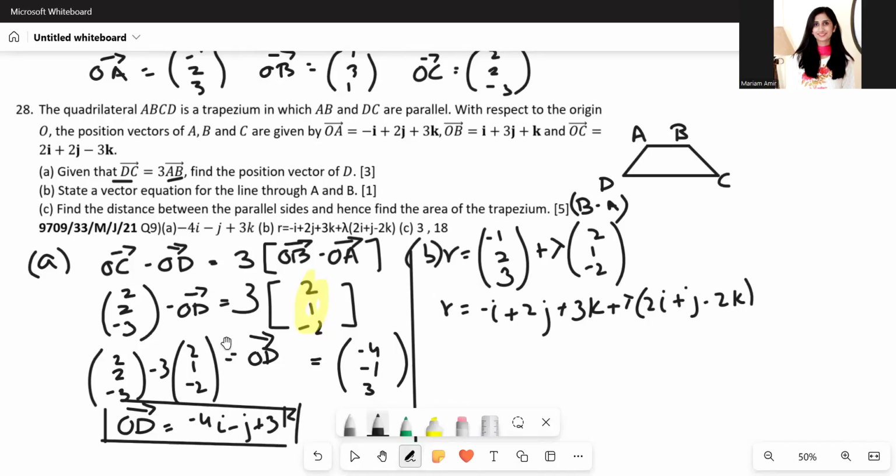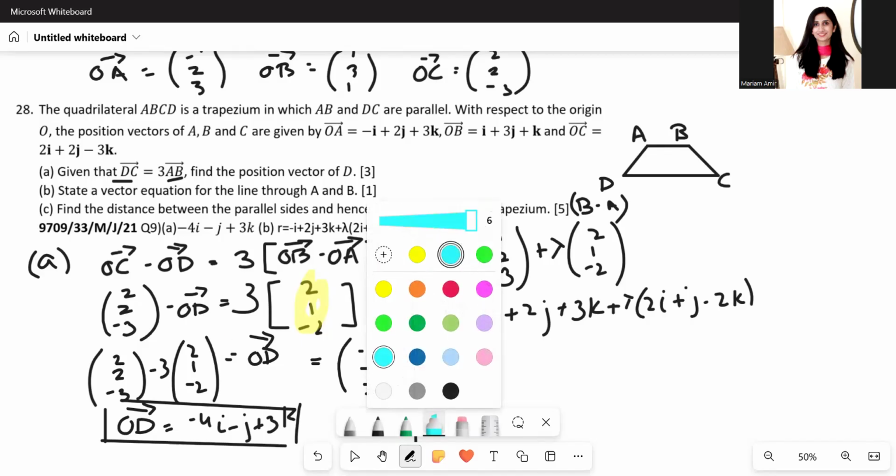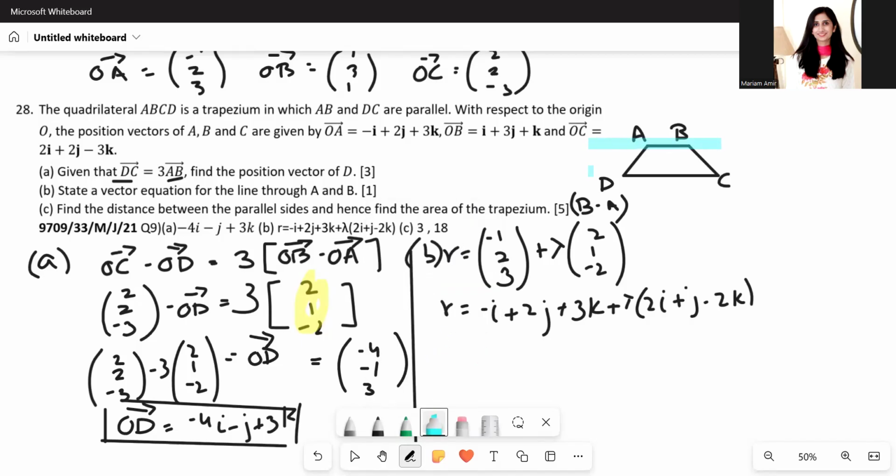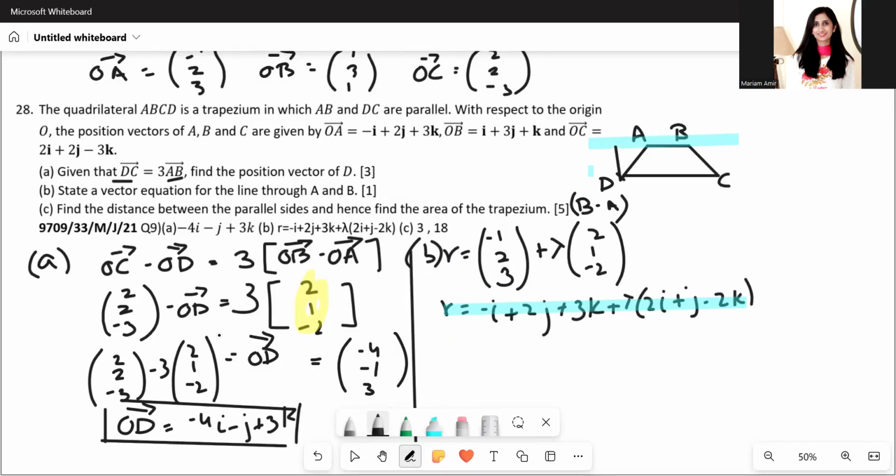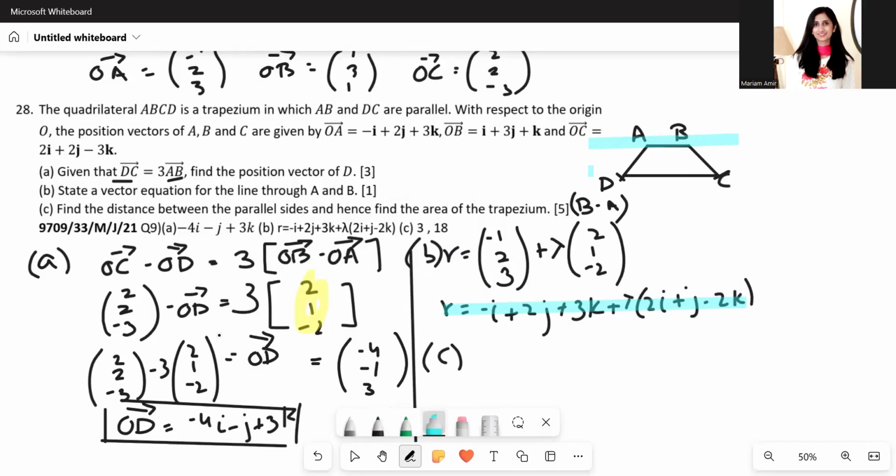All right, so the distance between the parallel sides would be this distance, but in terms of vectors, we already have the equation of this vector line AB, and we're going to find the perpendicular distance from point C to this vector line.